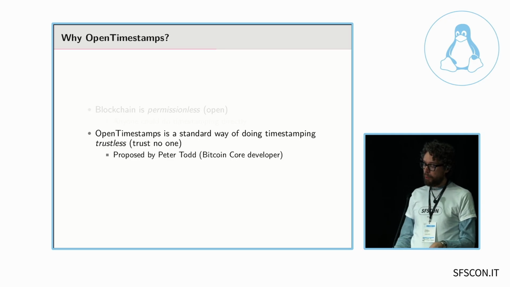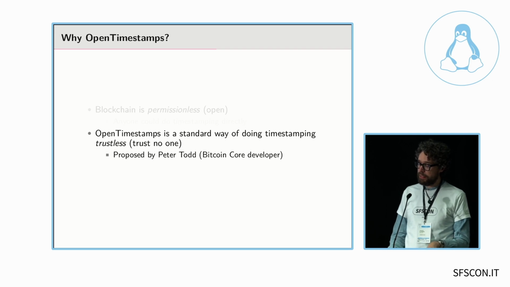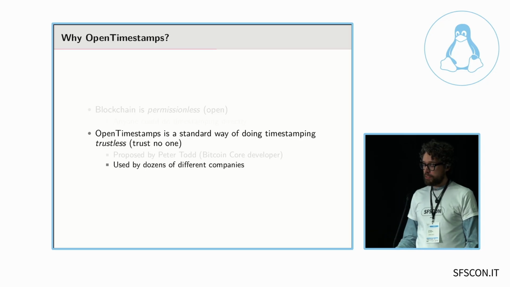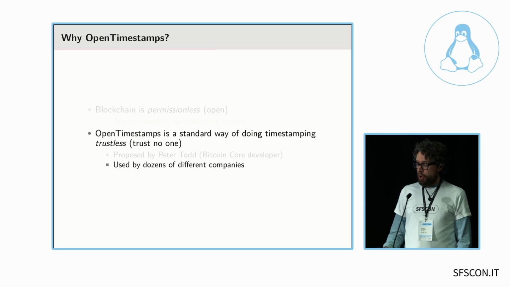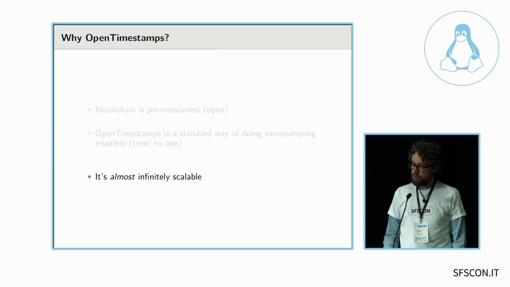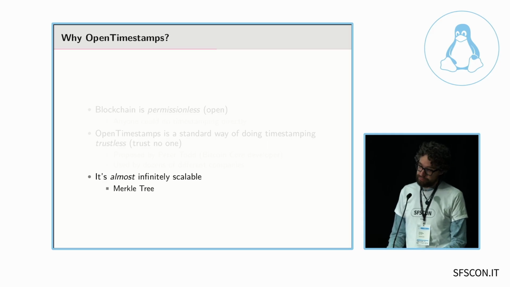It was proposed by a Bitcoin Core developer, Peter Todd. It's used by dozens of different companies, including the Guardian Project, the one that created Orbot, the Tor app for Android. It's almost infinitely scalable, because OpenTimestamps uses a Merkle tree.